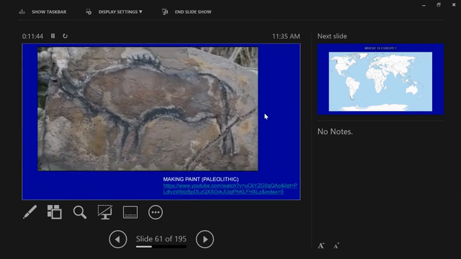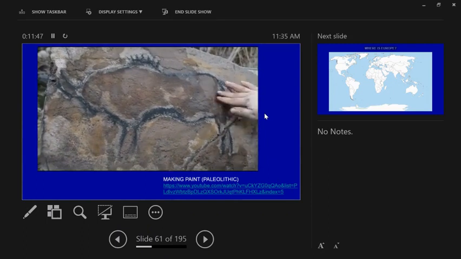All right, and that's how cave artists, or the Paleolithic artists, made their artworks.